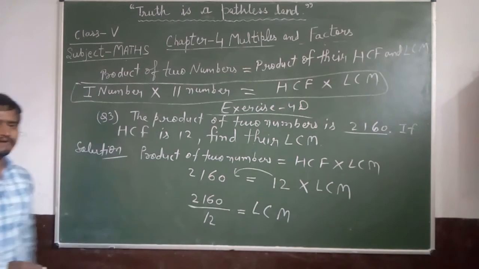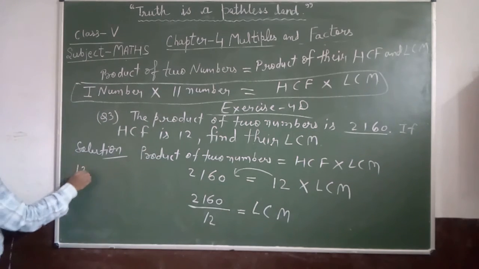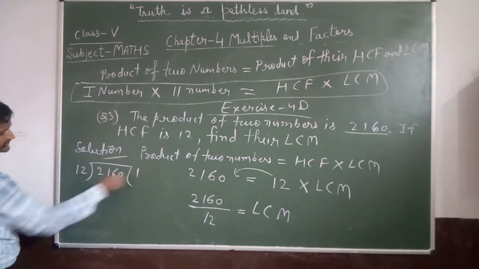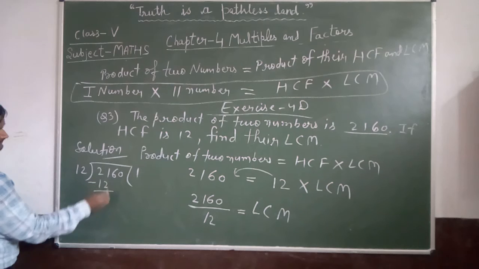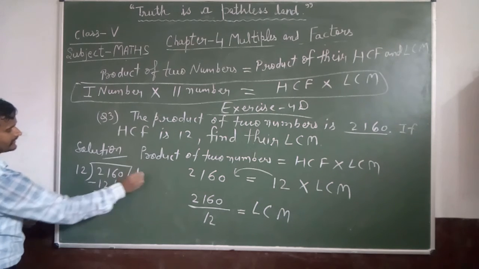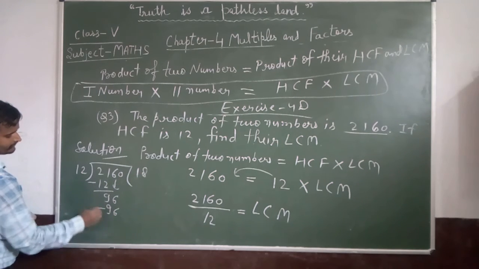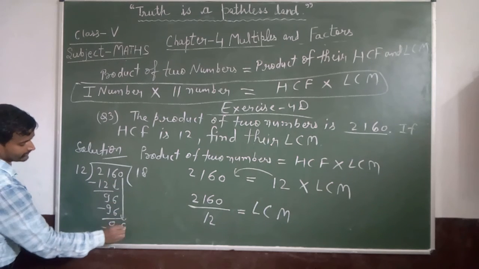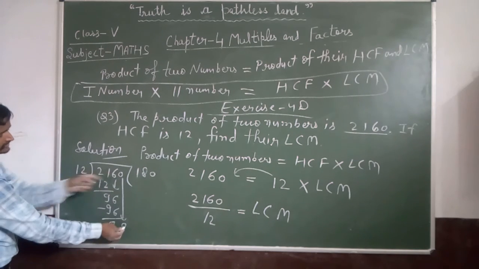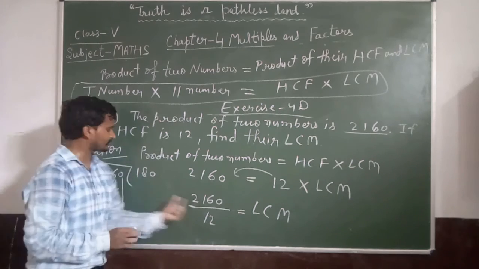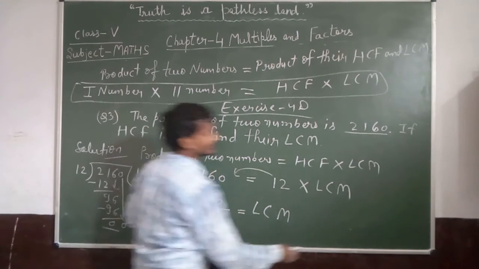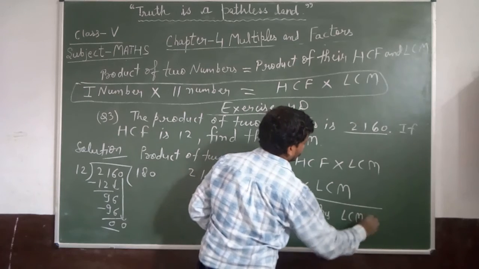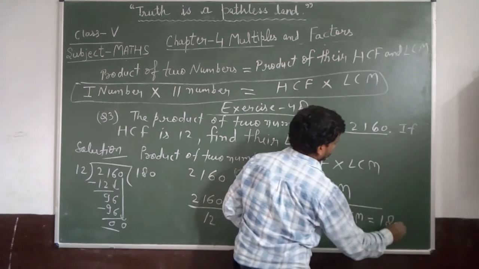Now we can divide it like actual division. 12 ones are 12, minus, 9, 12 8, 96. Now note down this 0 and put here also 0 because it is not divisible. LCM is what? 180. So we can write LCM equals to 180.